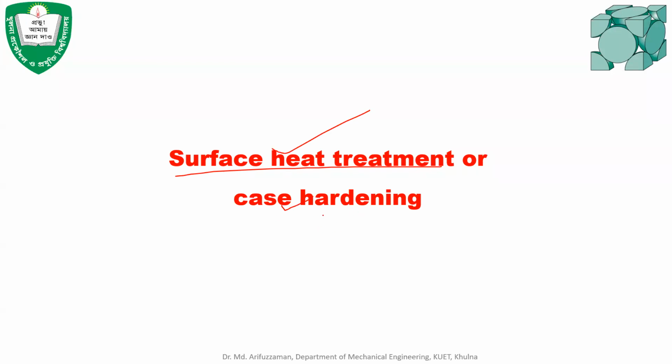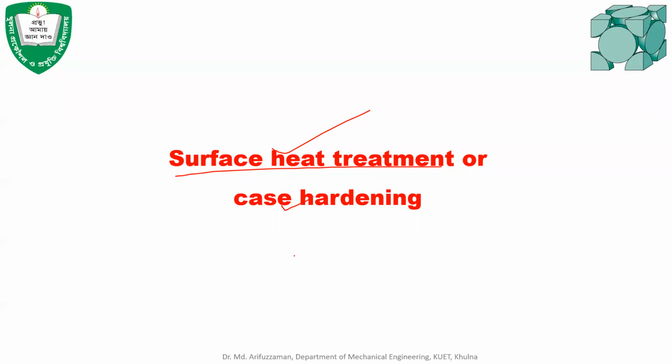Case hardening means a certain layer of the material is hardened, not the whole material. The internal material will remain the same, but only the surface will be hardened. For example, if you talk about the lathe bed, the surface has to be really hard, but for the internal structure it doesn't matter whether it is hard or not.